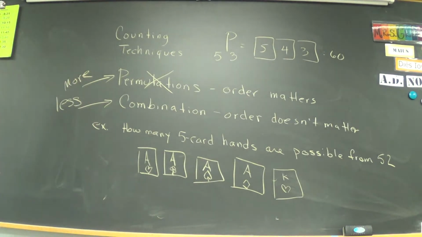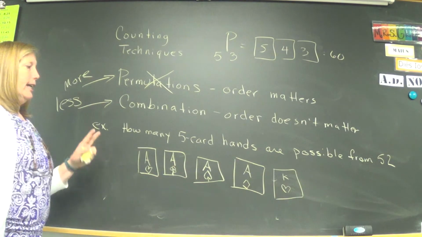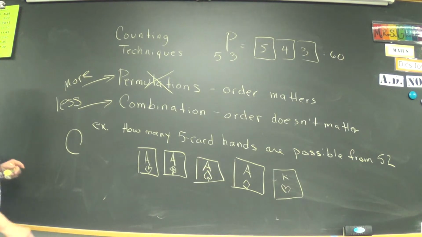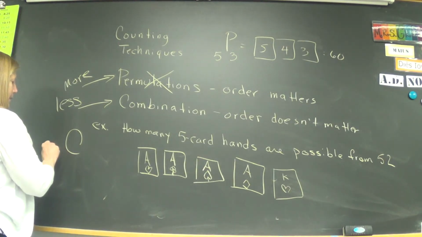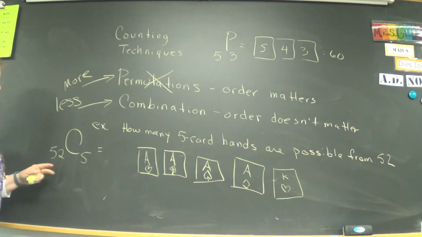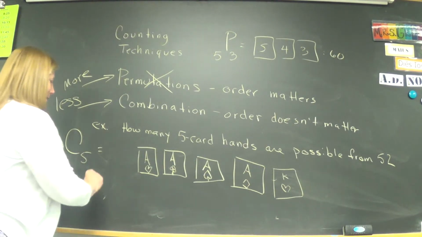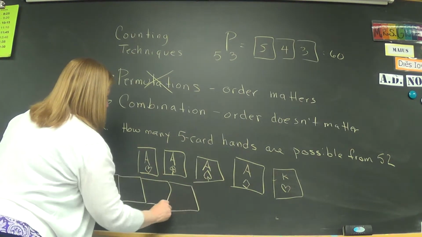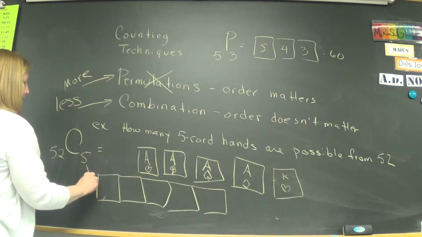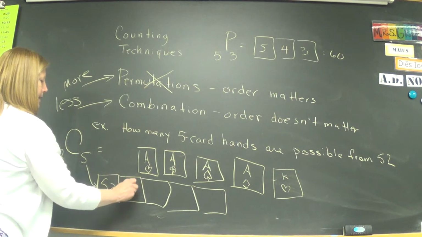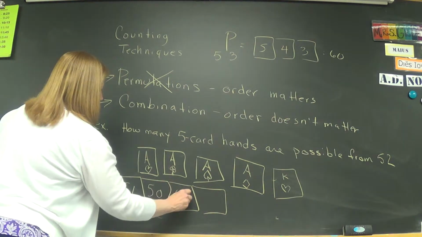All right. So let me show you how to calculate it. Here's how I calculate them. This would be the combination, written with a big C, of 52 cards, taking 5 at a time. And I would actually calculate it as if it is permutations for the first minute. So down here I give myself 5 boxes. And how many ways can I fill in the first, the second, the third, the fourth, and the fifth?